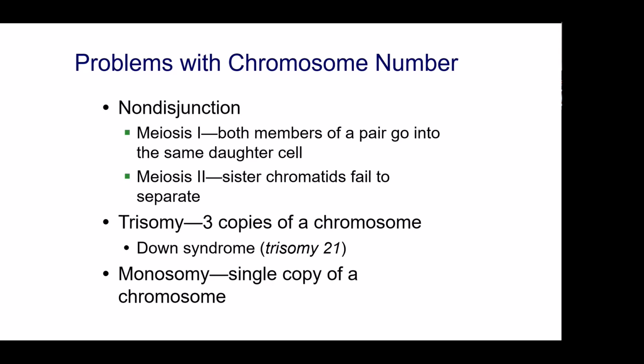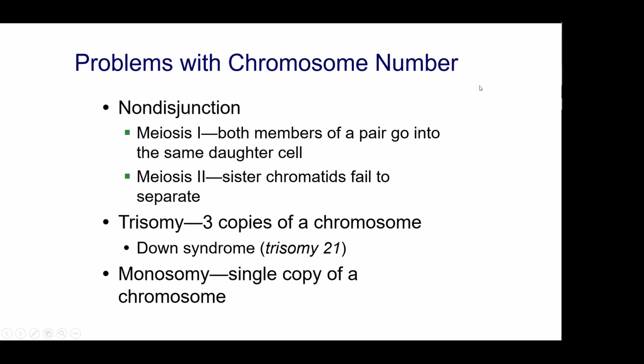Instead, the synapsed tetrad ends up going, for one particular chromosome or another, into a single cell, and the other cell doesn't get any. Another situation that can be considered non-disjunction would be in meiosis 2, when the sister chromatids don't separate. Again, the spindle work of that particular cell process not happening effectively.